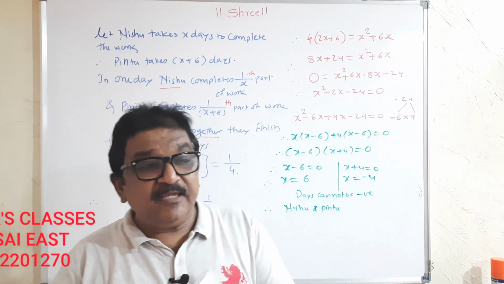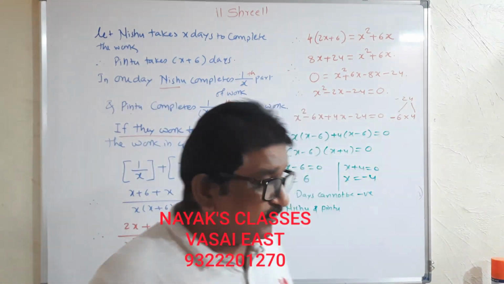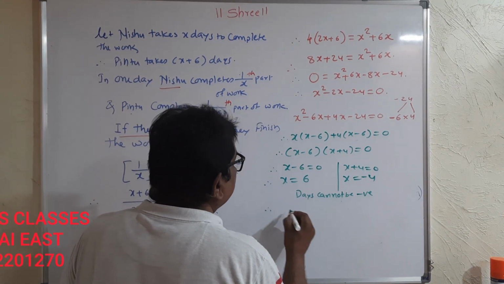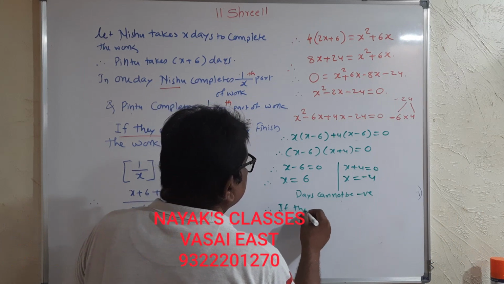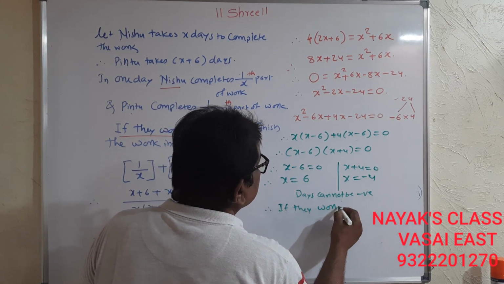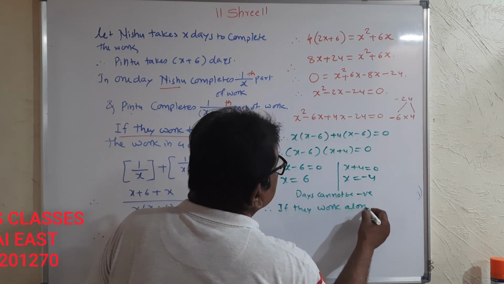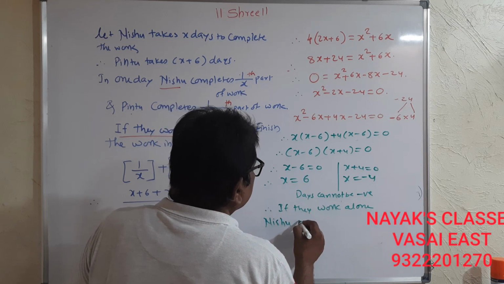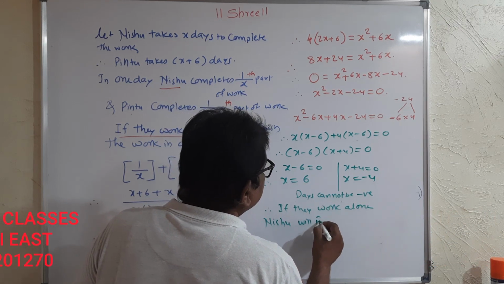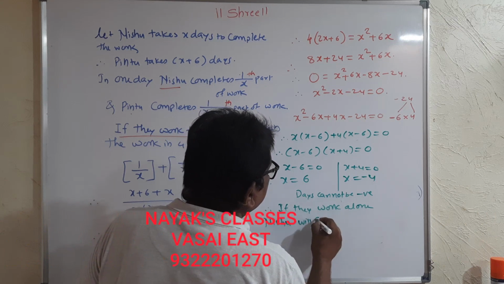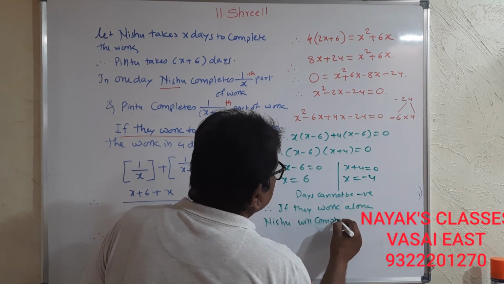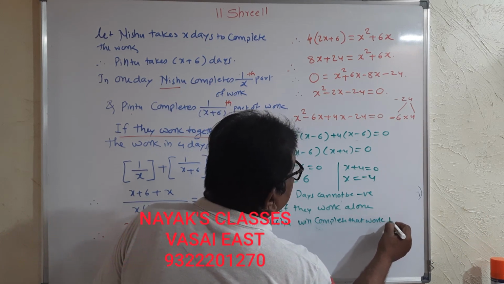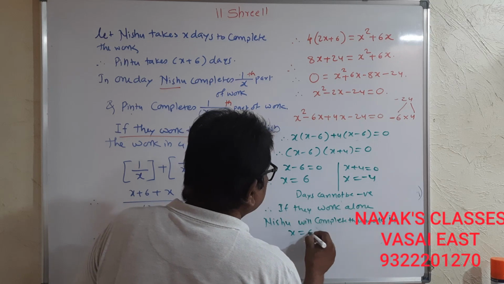So, if they work alone, Nishu will finish, complete that work, whatever it may be, in x is equal to 6 days.